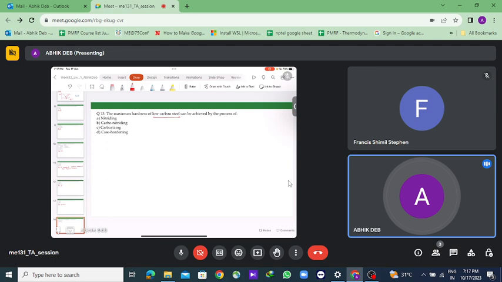Is it particularly in case of low carbon steels, or in case of say nickel alloys also? In nickel alloys like Inconel and all, they undergo precipitation hardening. So these added compounds of chromium, molybdenum and all these, they form precipitates.